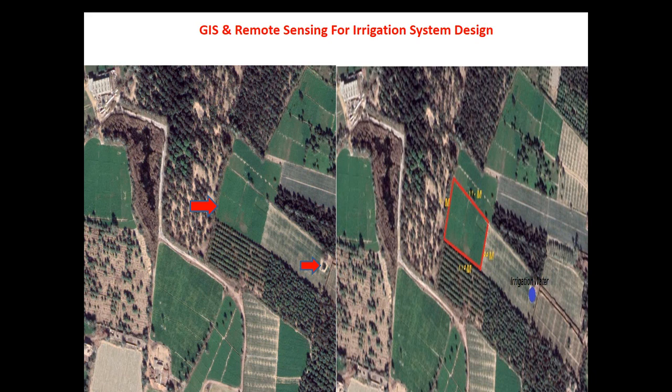We can use GIS and remote sensing together to make an irrigation network design, depending on field data for the irrigation source and area study.